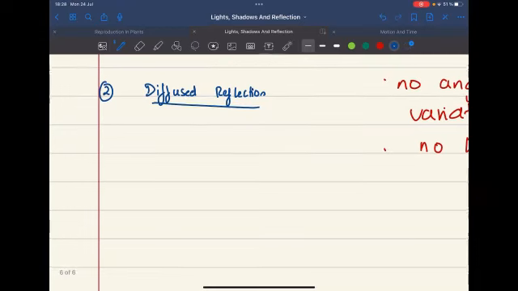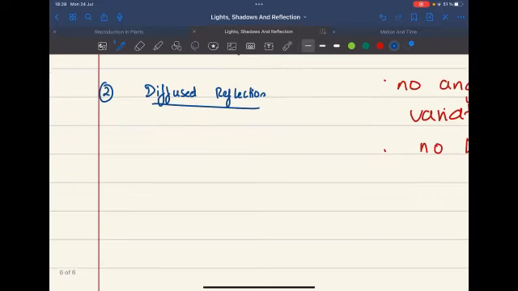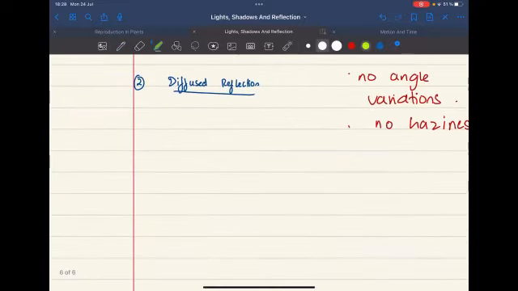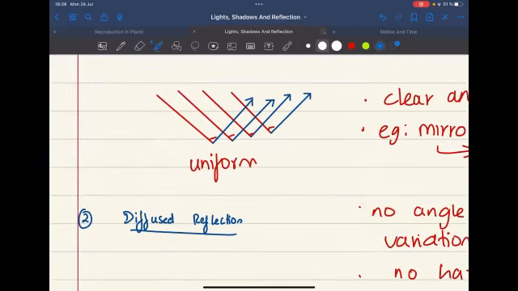The angle of reflection, when compared between points, is completely different. Say there's a reflective surface like this, and this is all happening in a mirror.